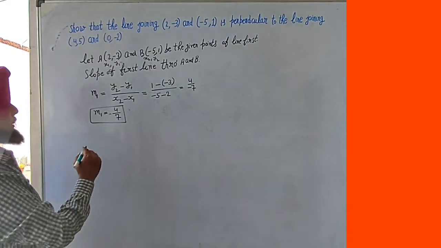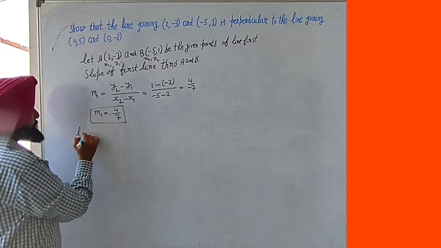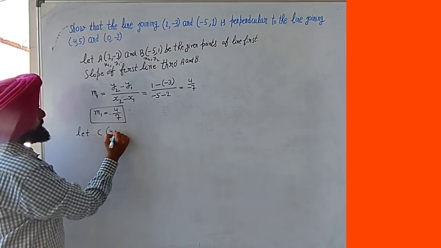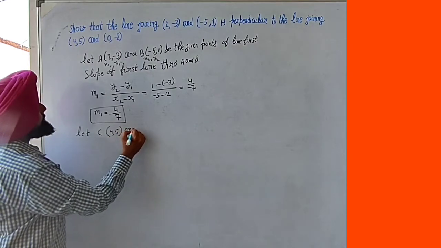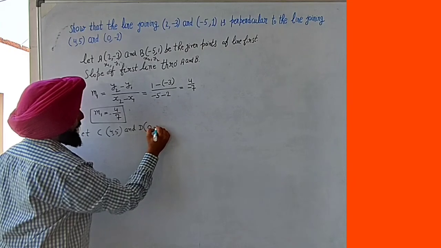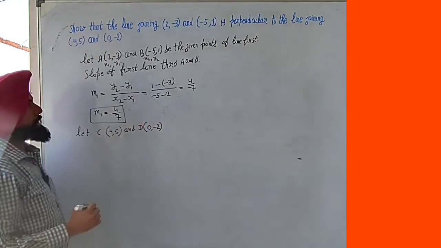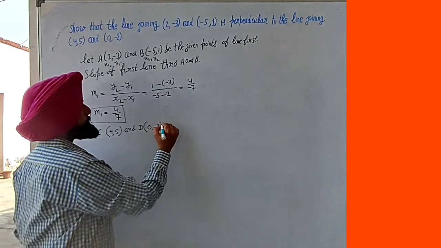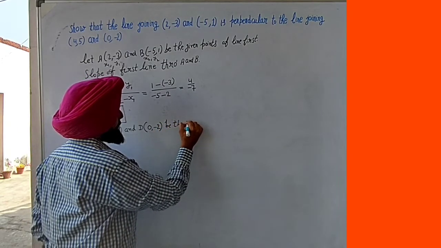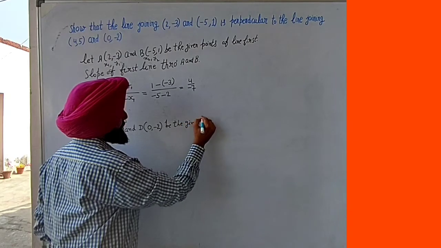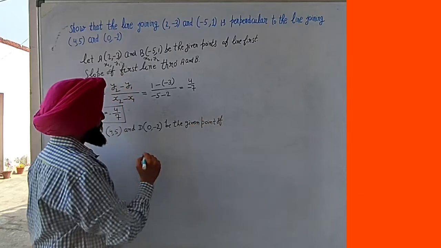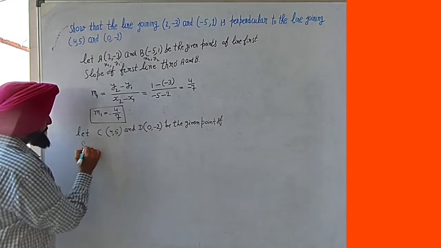Now let C (4, 5) and D (0, minus 2) be the given points of the second line.